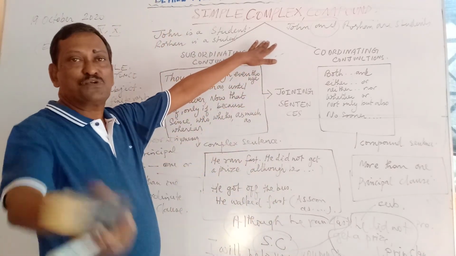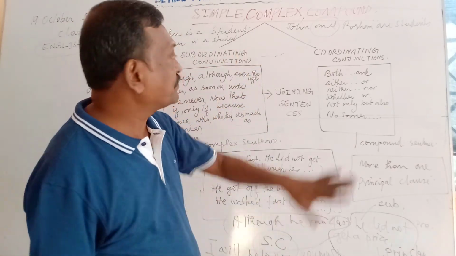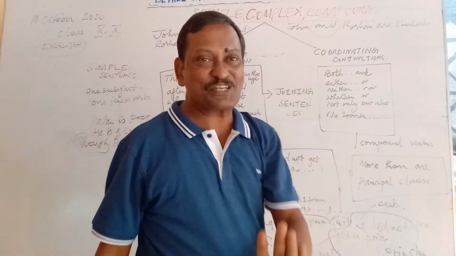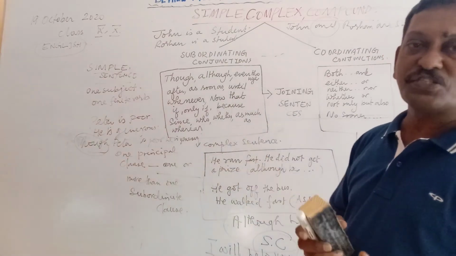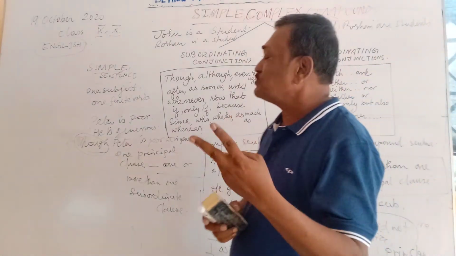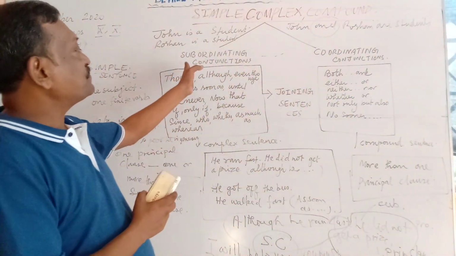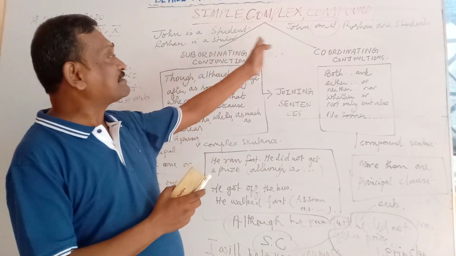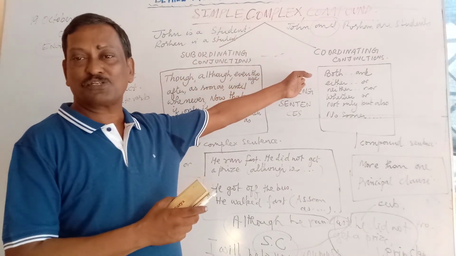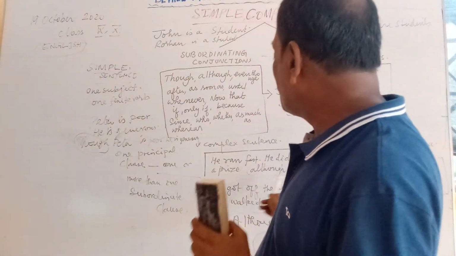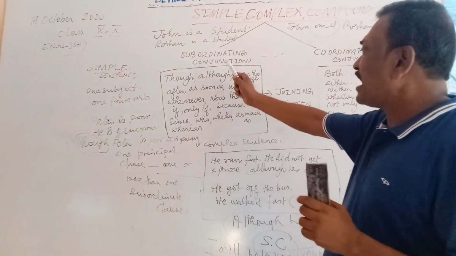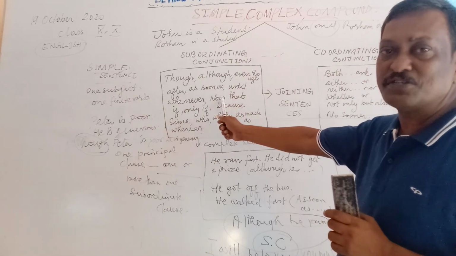But to wind up, let us have a recap. We discussed conjunctions today, and conjunctions are broadly categorized into two kinds. The first is subordinating conjunction, and the second is coordinating conjunction. The subordinating conjunctions are used to frame complex sentences, and these are the subordinating conjunctions.